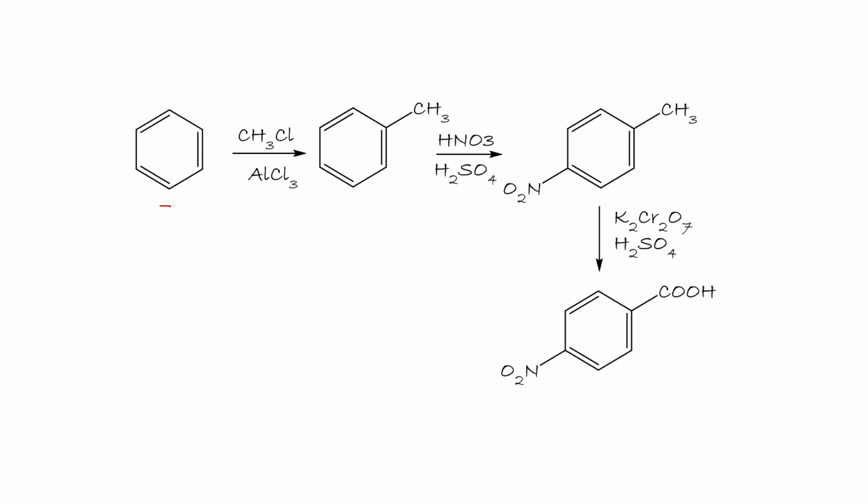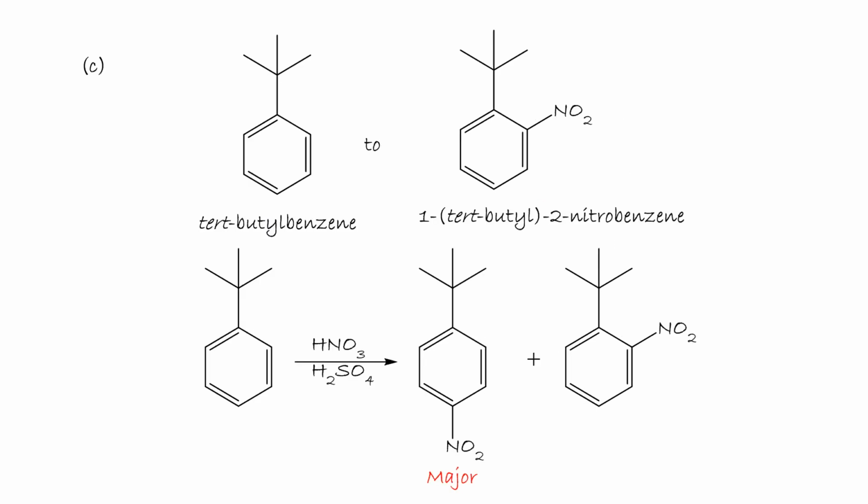First step, CH3Cl aluminum chloride, toluene, nitrate, nitric sulfuric, get us para-nitrotoluene, chromic acid oxidation with potassium dichromate sulfuric acid mixture to get this COOH. This is the desired molecule.